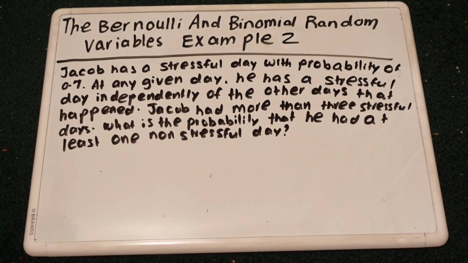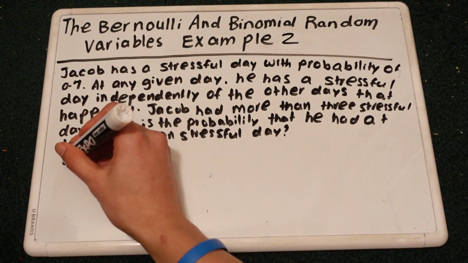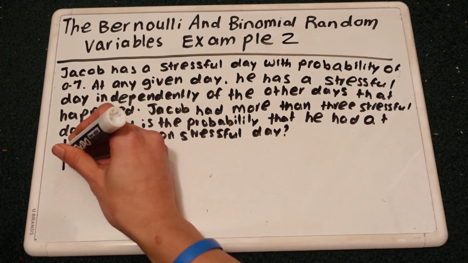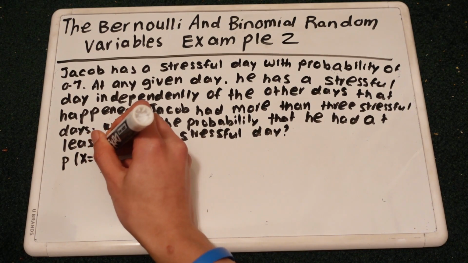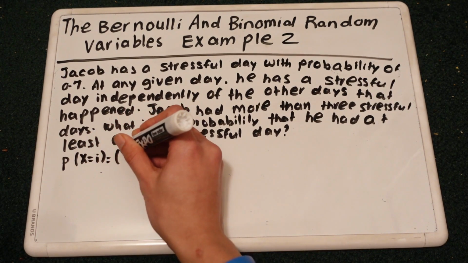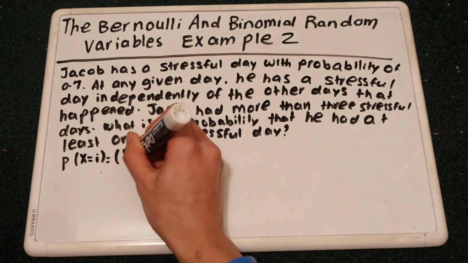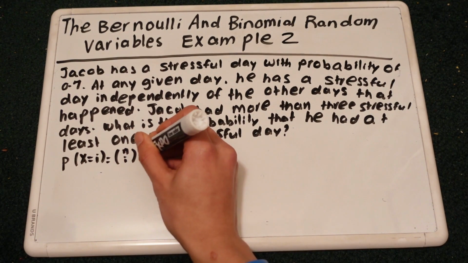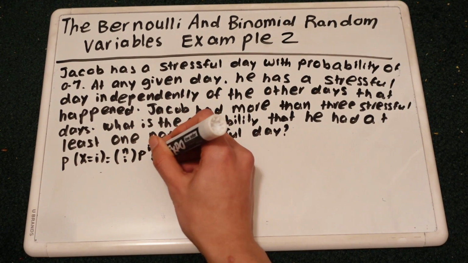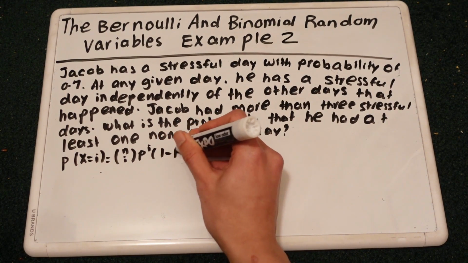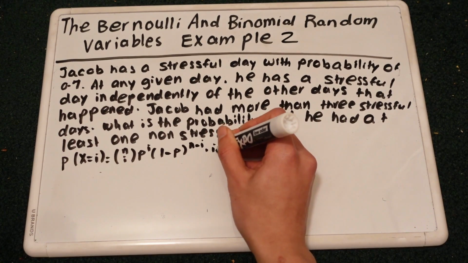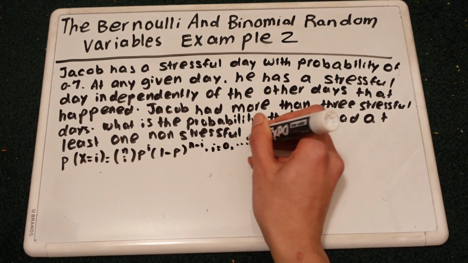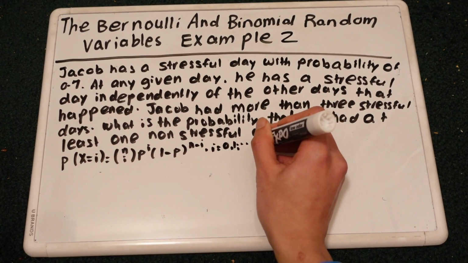So to recall, let me write down the binomial random variable formula. It would be the probability of X equals i is equal to n choose i times p to the i times (1 minus p) to the n minus i, where i is equal to 0, 1, all the way to n.